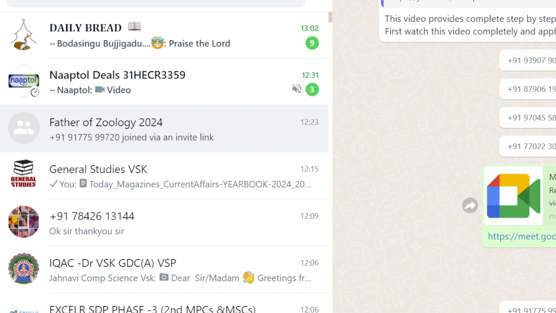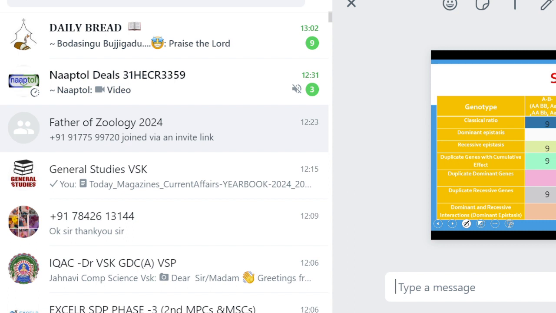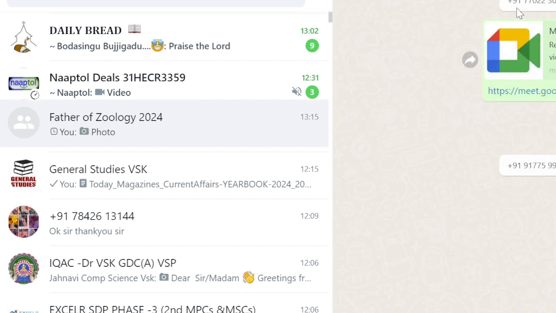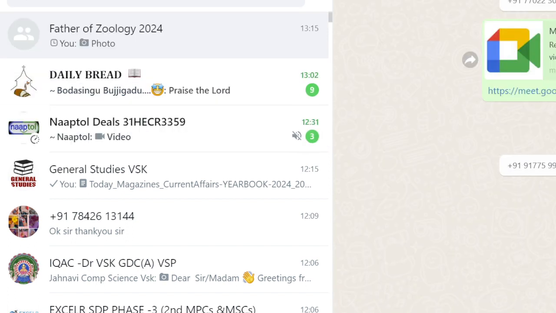So you please go through this slide once and try to remember these different types of ratios. And you can observe here, this is one type of genotype where at least both the dominant alleles are present.